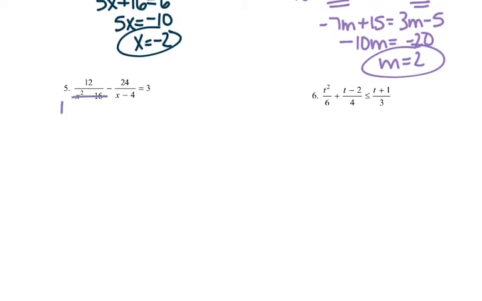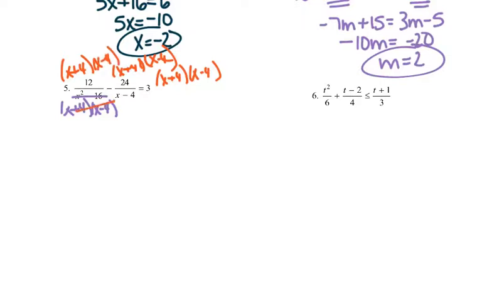Number 5, I see right away, this can be factored, x plus 4, x minus 4. That's my LCD. Then I get the fun canceling here is 12. That's minus 24, so minus 24x is at minus 96.